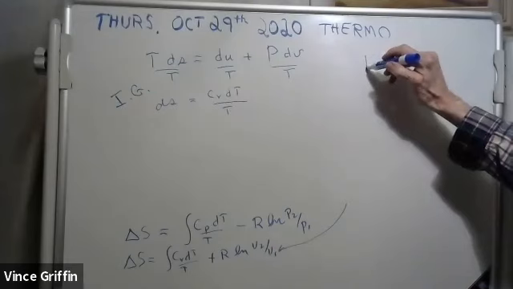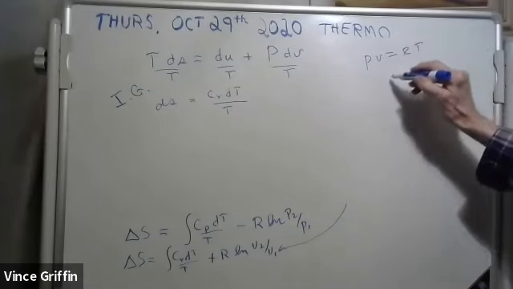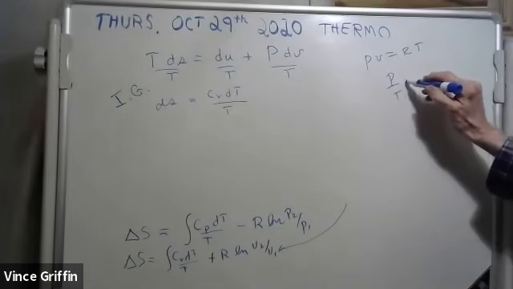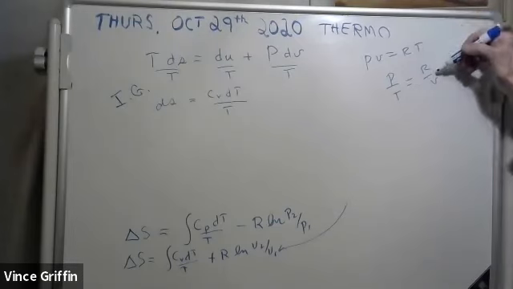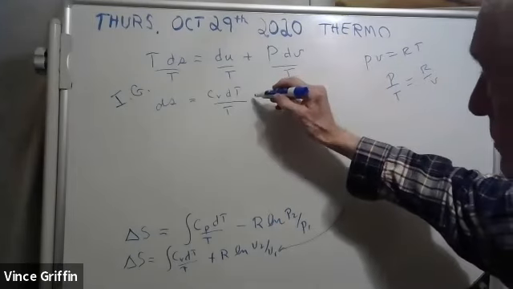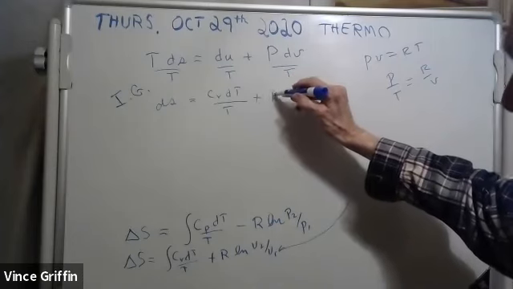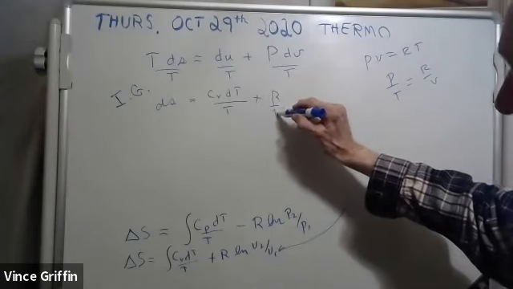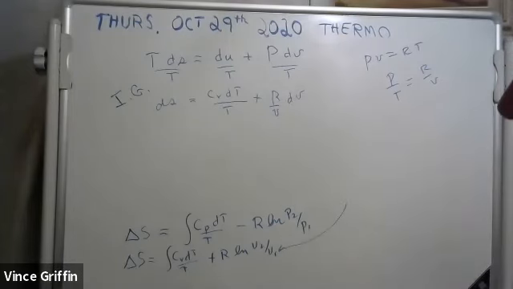If you have an ideal gas, then PV is equal to RT, and P over T is equal to R over V. Can you get from here to here? If you can, we could substitute R over V dV, couldn't we?